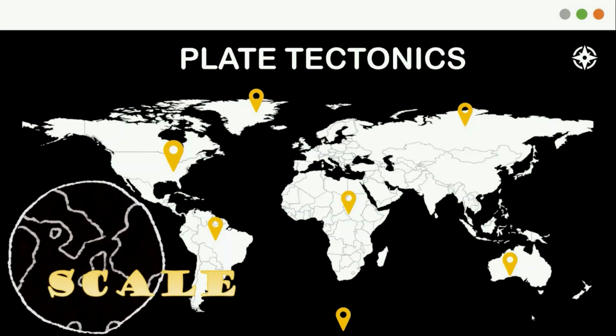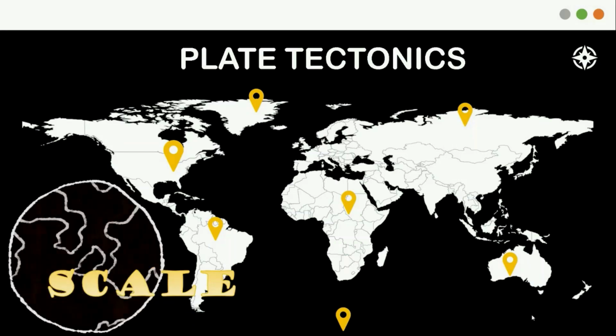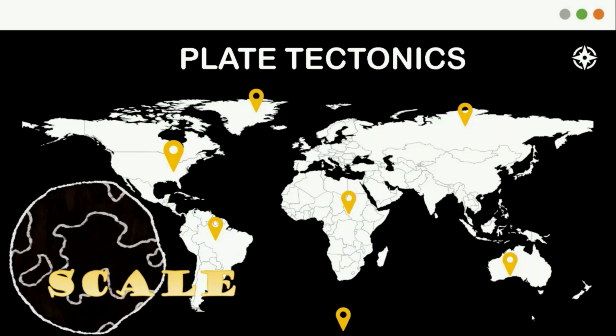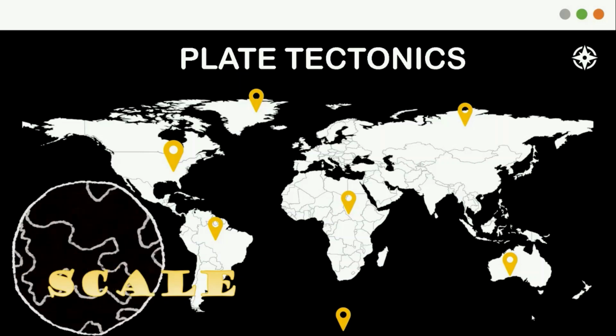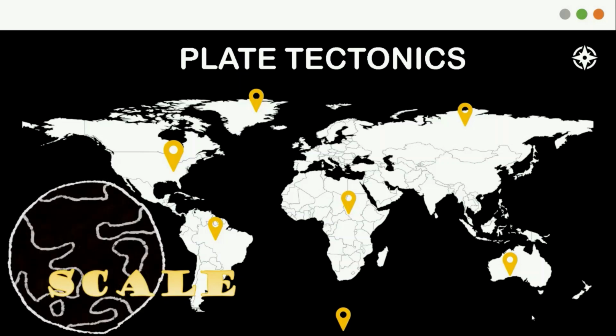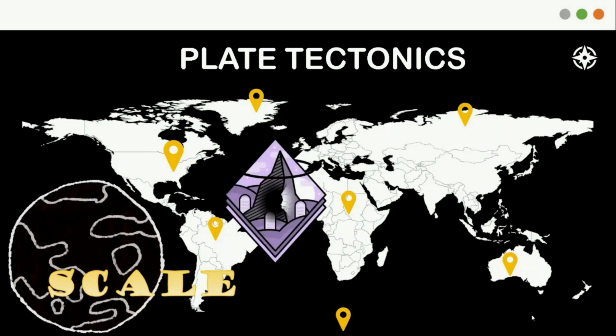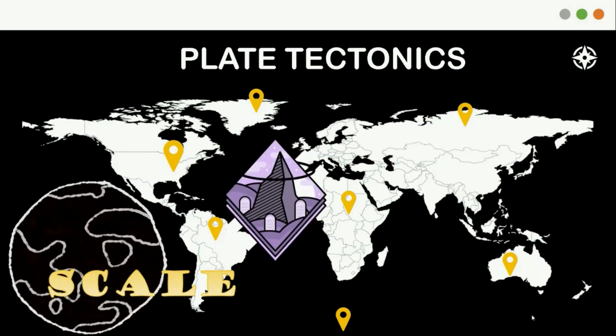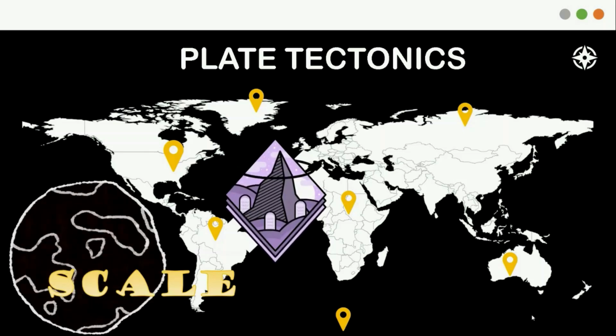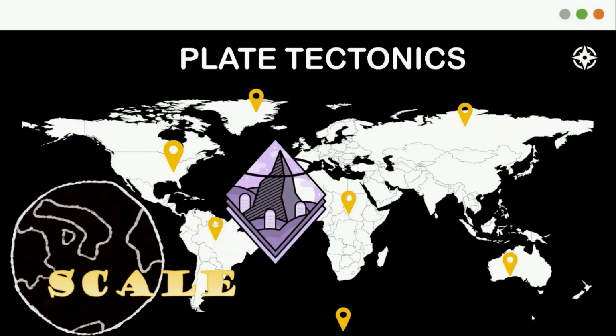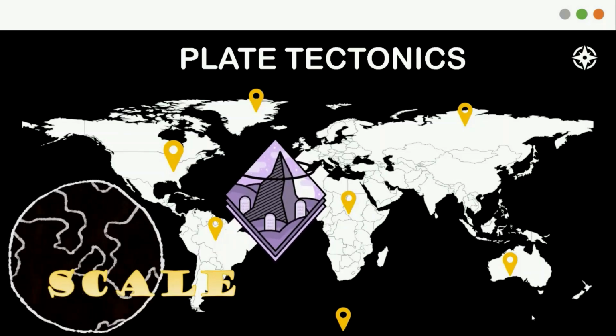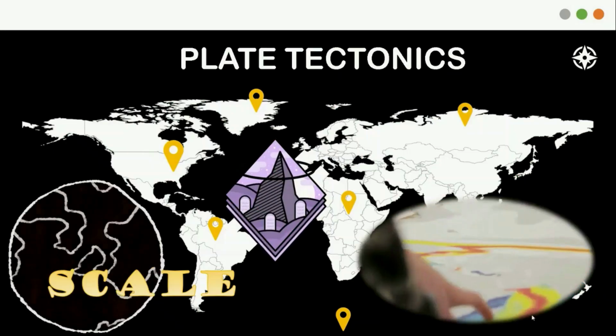This concept was accepted due to several reasons. According to the theory of plate tectonics, the lithosphere consists of several large interlocking sections that move in different directions and velocities.